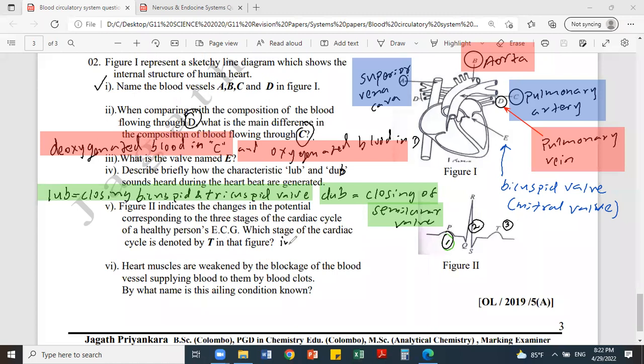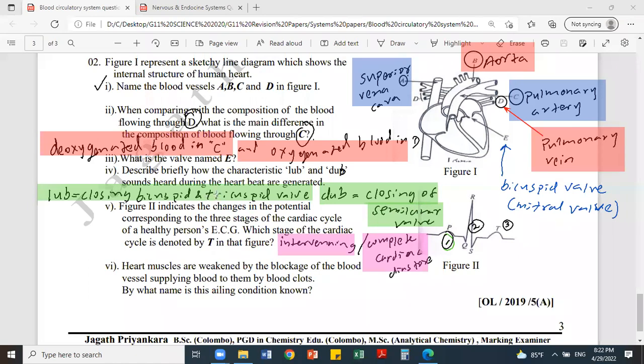There are different answers. You can write here interval, or you can write complete cardiac diastole. Any of these are accepted. Relaxation of the ventricle, in other words.